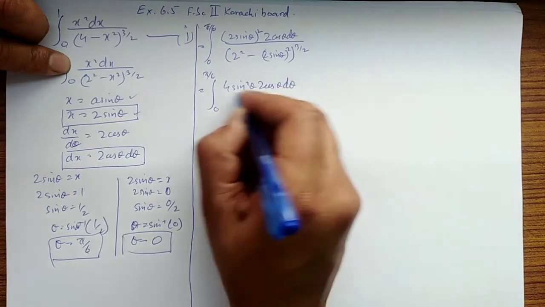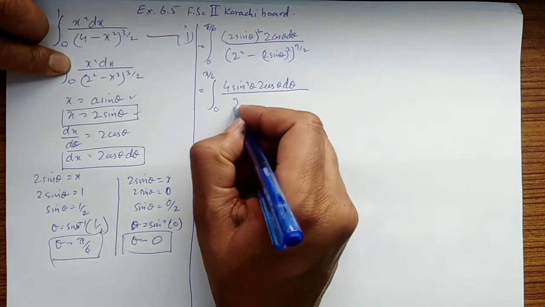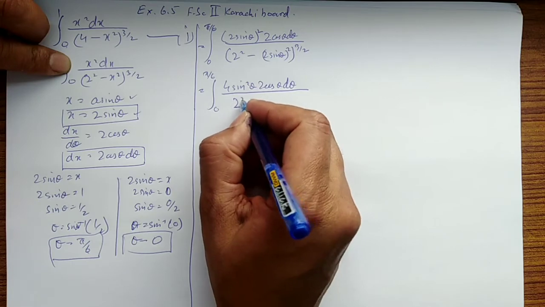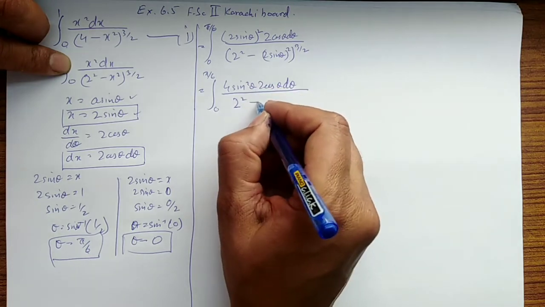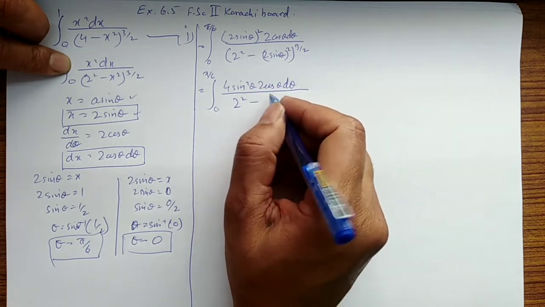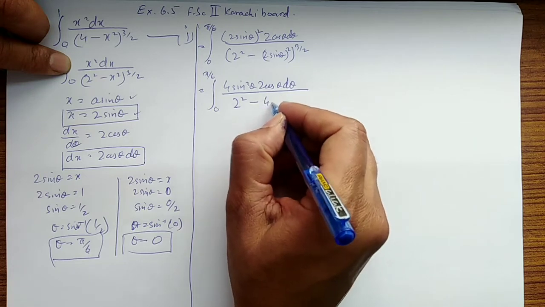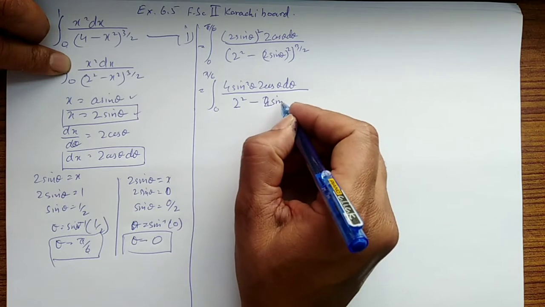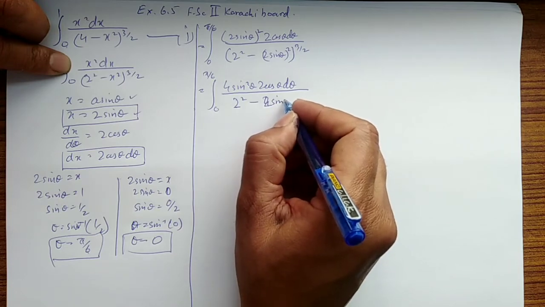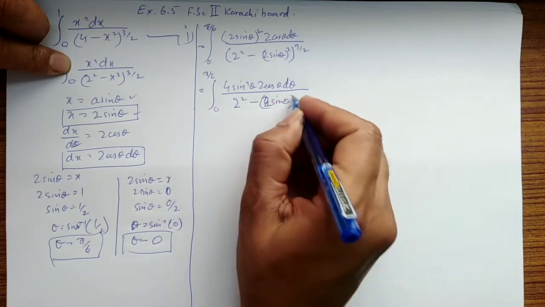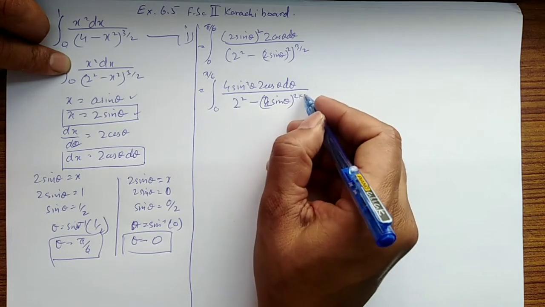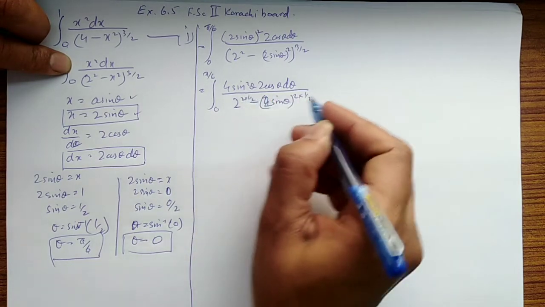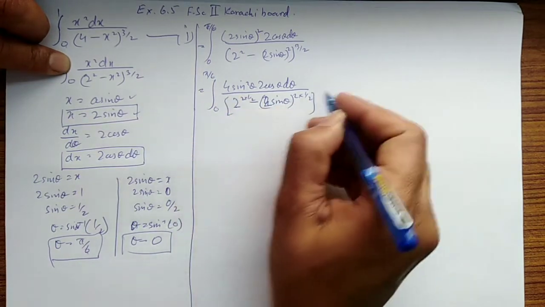Now putting the values, that is pi upon 6, 0, 4 sine square theta 2 cos theta d theta, whole divided by 2 square minus (2 sine theta) whole square, multiplied by 1 upon 2. Here multiplying by 1 upon 2, I'm left outside with 3.